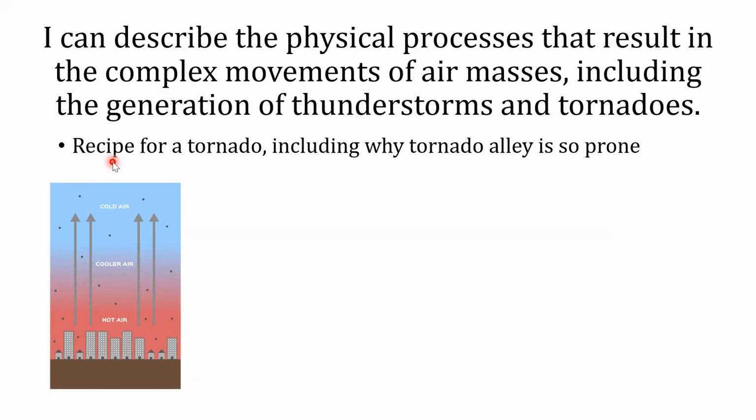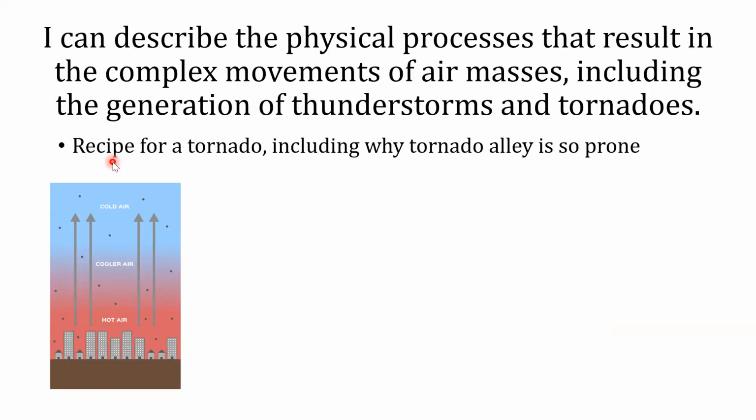So that could be a front, it could be a convective system, it could be a low pressure zone, whatever it is. You need really cold air aloft, right? So the bigger the temperature difference between the warm air on the bottom and the cold air on top, the faster that warm, wet air is going to rise, which is going to let it get just higher and higher up into the atmosphere.